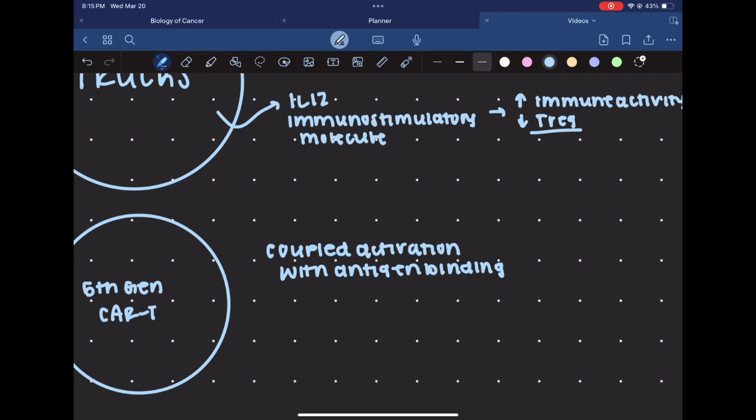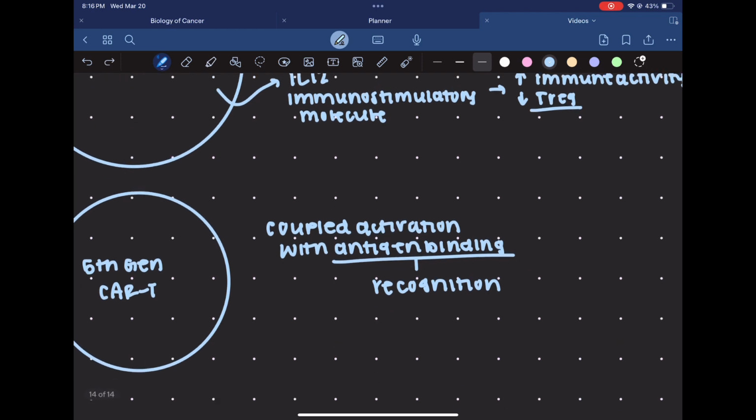And that's important because if our activation is not tied to antigen binding, which is that kind of like specific recognition step, then we can be activated and attacking cells that we're not supposed to attack, that don't have the antigens on them that would indicate that they're good targets.